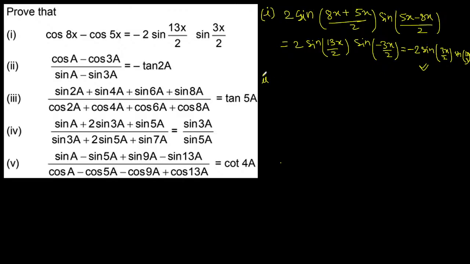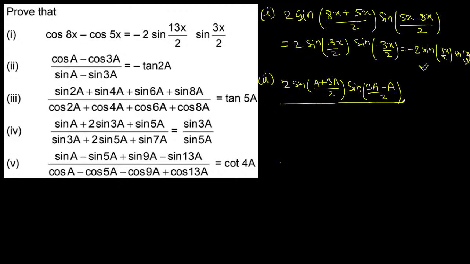Second one, cos C minus cos D gives 2 sin (C plus D) by 2 sin (D minus C) by 2.